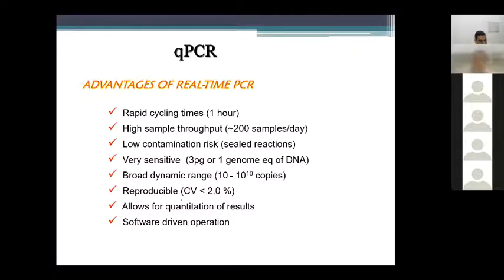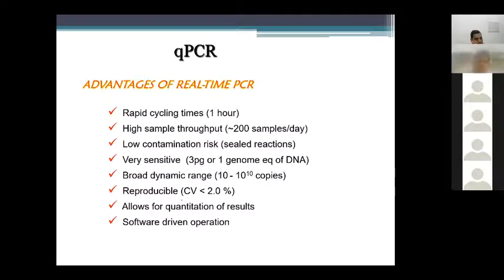So the advantage of real-time PCR is that it is a rapid cycling. It requires very little time. It has high sample throughput: more than 200 samples, even 300 samples per day nowadays, can be analyzed by this method. Low contamination risk.